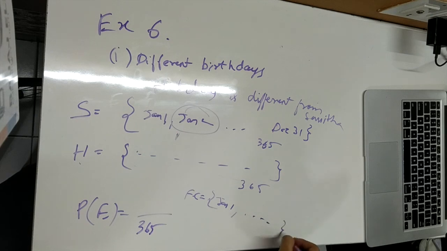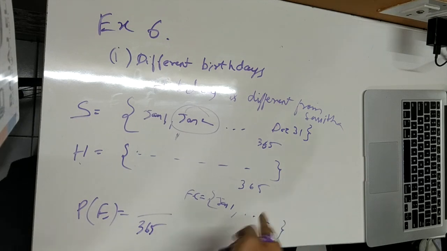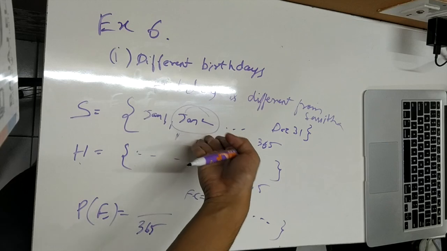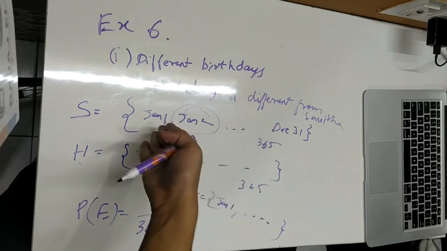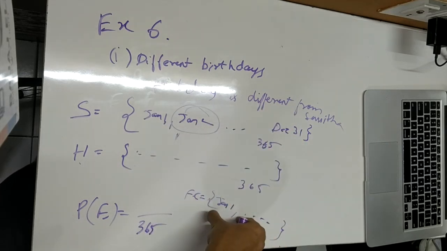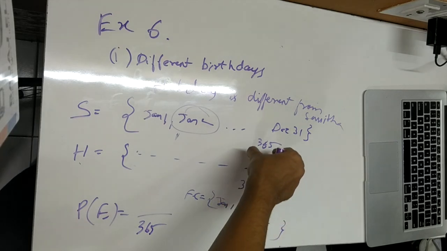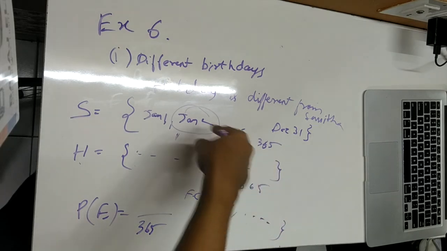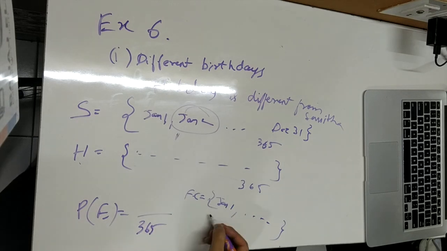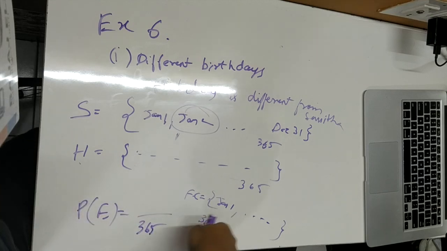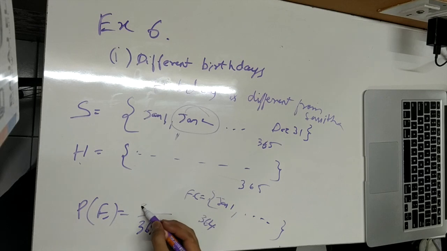Similarly we will write all the days, but it need not be Jan 2nd, I'm telling you it can be any day. Whatever day it is, that day we cannot put in here. So how many are remaining? All the days of the year except for one day. So how many did we get? 364 favorable cases. So Hamida can have her birthday on all these 364 days other than one day. So the probability that Hamida will have a birthday different than Savita is 364 by 365.